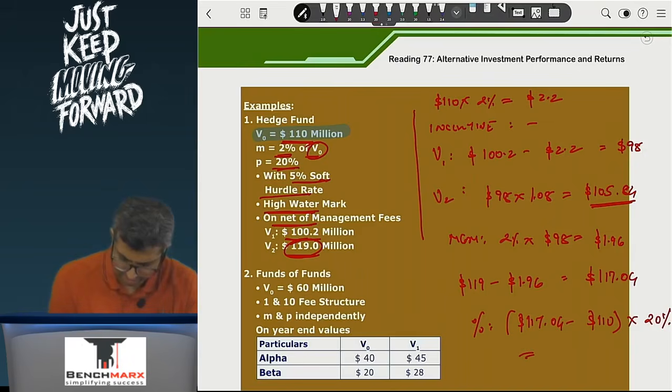So this is 117, this is 7.04 into 20%, which will come to, I think, 1.41.